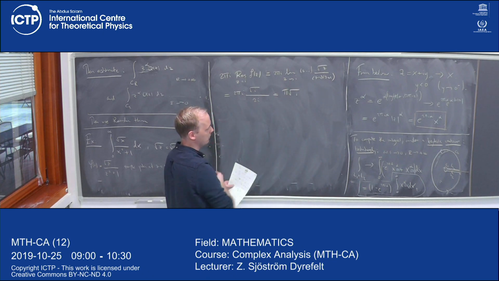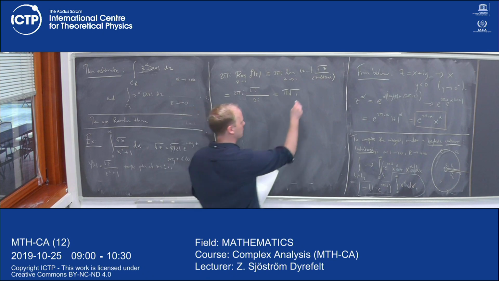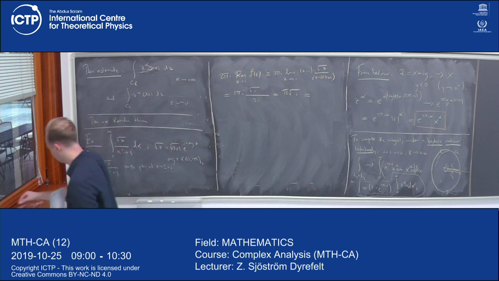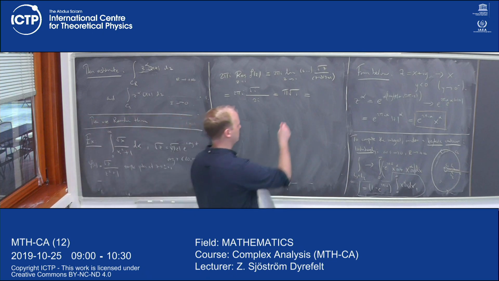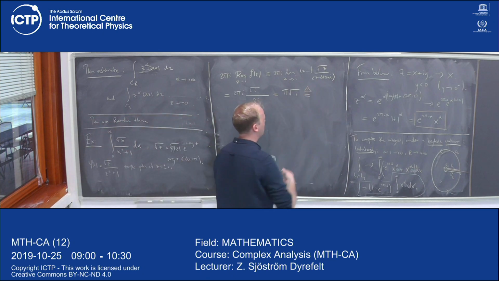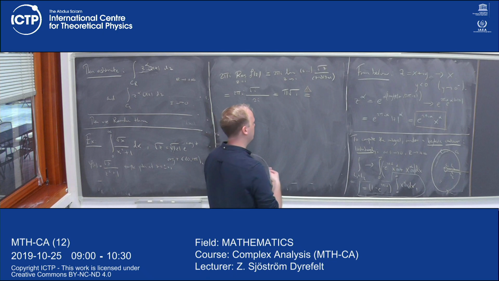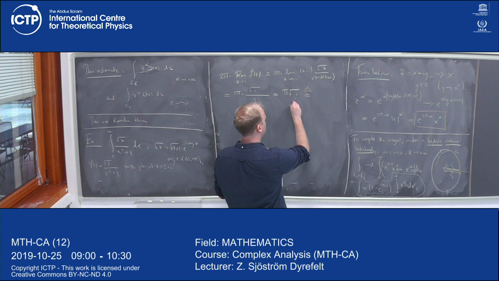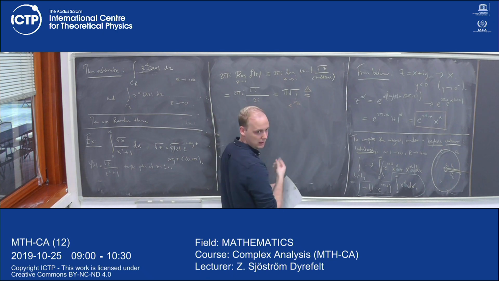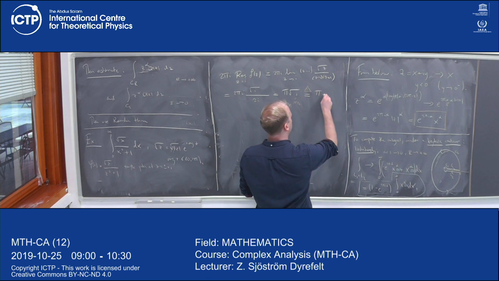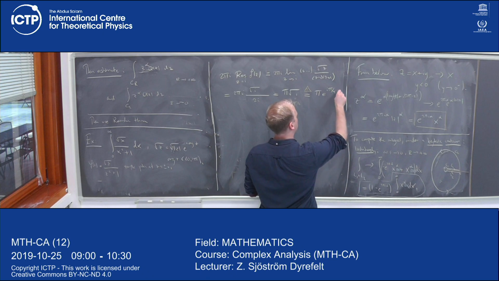And now we just have to be careful what is the square root of I. This is where you have to be careful. I is equal to e to the I pi half in this branch, so this is equal to pi e to the I pi over 4.